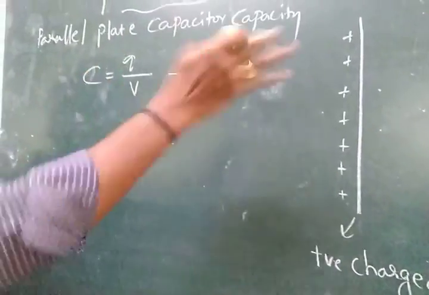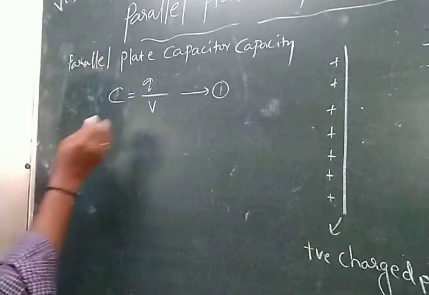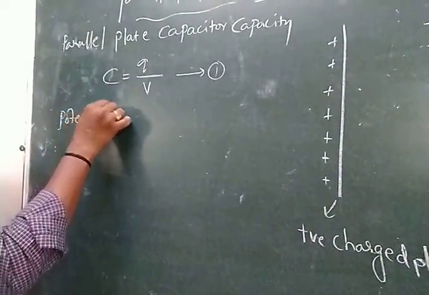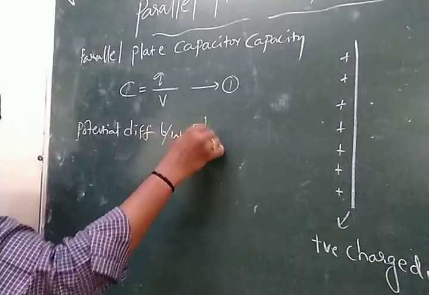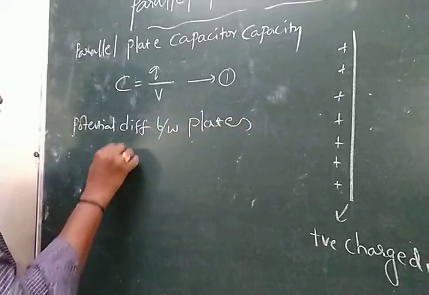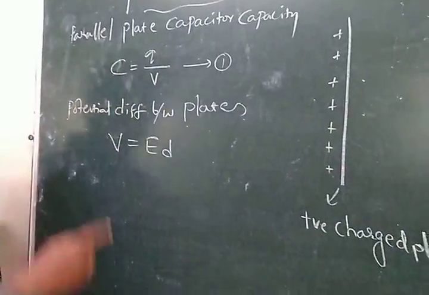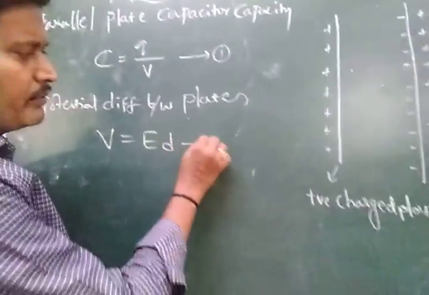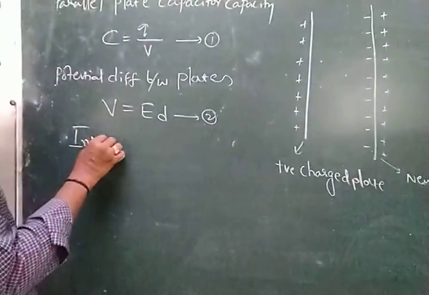Q, the charge, is constant. We are going to measure the potential difference V between the plates. So V is equal to, from the relation, E d. E is the electric field developed between the plates, the intensity of the electric field.